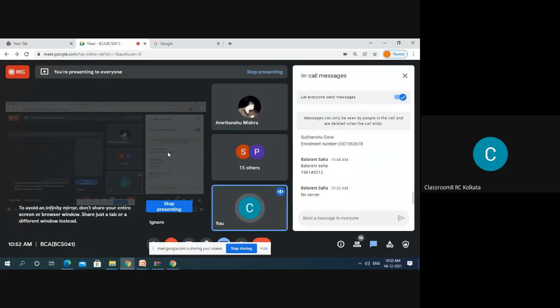Suppose 10 computers A, B, C, D, and so on. A computer can send data to B, B can send data to A, C can send data to D. If C allows, A can directly use the floppy or CD drive of C, or the printer of C, if C gives permission. But in a client-server system, this is not possible.